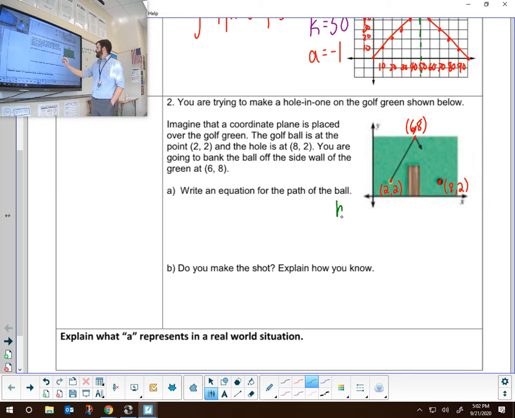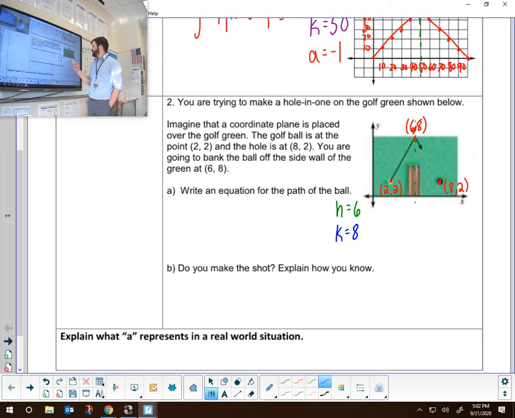So obviously, my h is going to be where my axis of symmetry is. So my h is going to be 6, and my k is going to be that highest point, which is 8. So once I know my h and my k, we're doing pretty good. But now I need to find what my a is.